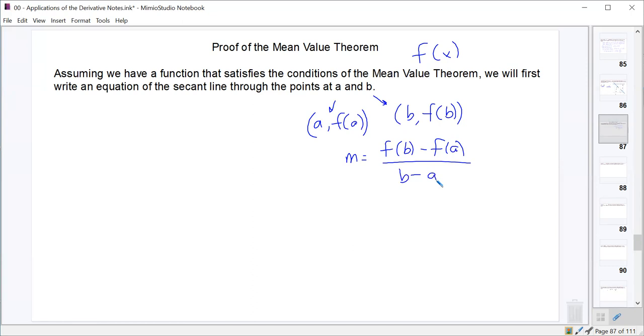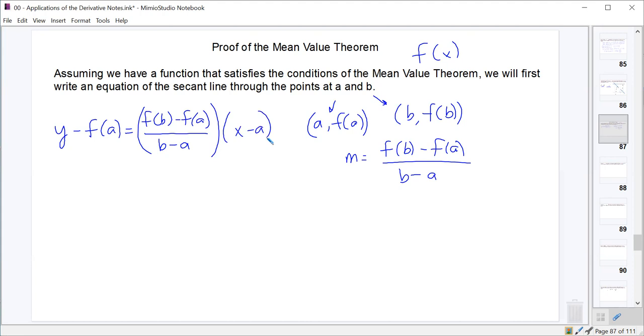And using point slope form, we end up with y minus, we'll choose to use point a, f of a. So y minus f of a equals our slope, f of b minus f of a over b minus a, times x minus a. And to turn this into an easier form to look at, in fact, to turn it into just y equals, let's just add the f of a over.